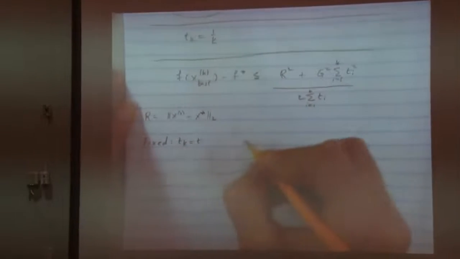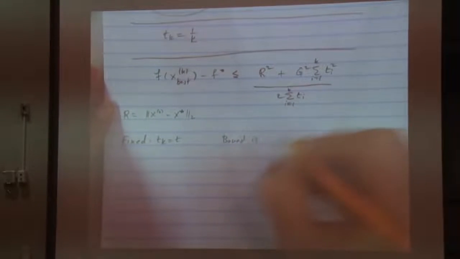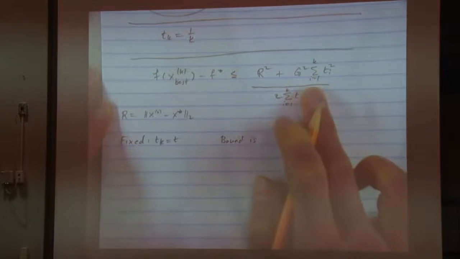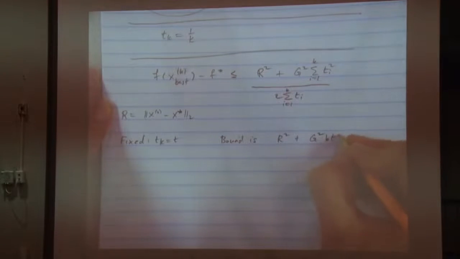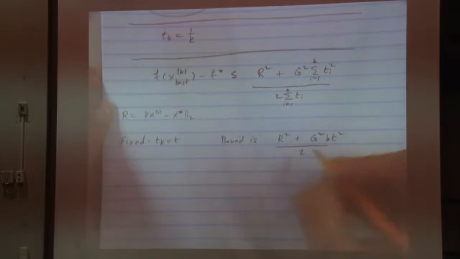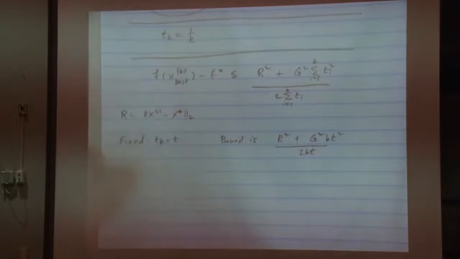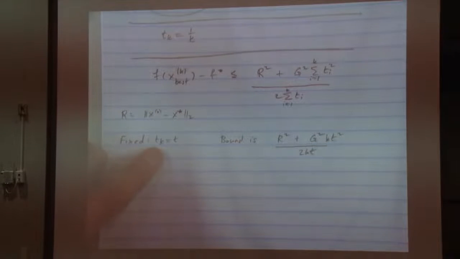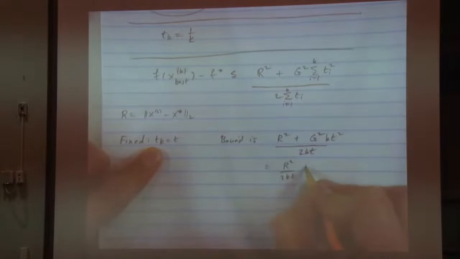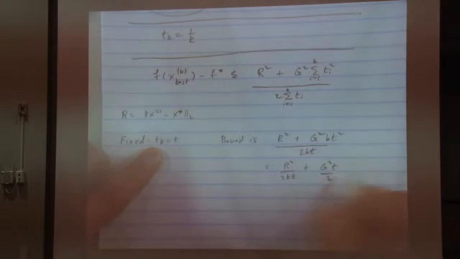Then the bound is just R squared plus G squared times k times t squared, divided by 2 times k times t, if all the t_i's were just equal to t. That is equal to R squared over 2kt plus G squared times t over 2.